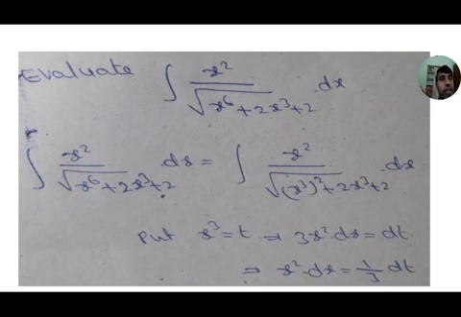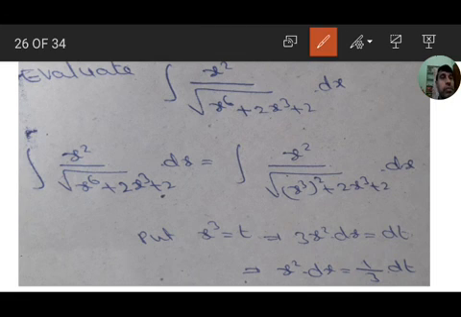Next one, evaluate integration x square by square root of x to the power of 6 plus 2x cube plus 2 dx. It is also not directly possible, but by substitution we can convert it to standard forms.